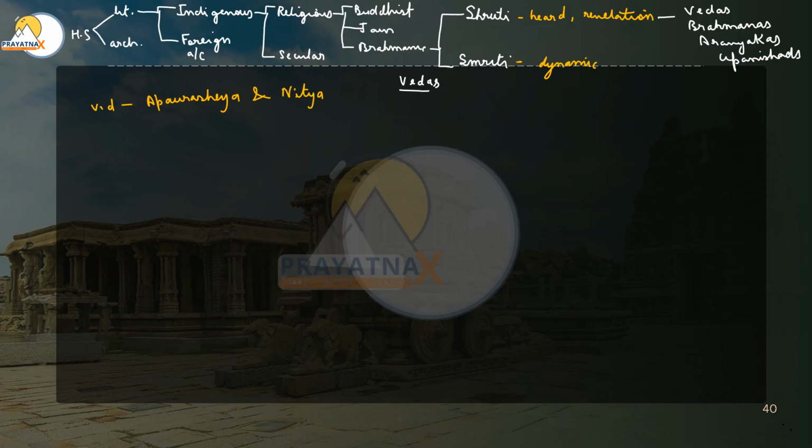Apaurusheya because it was a revelation and divine, it was not of human origin, and Nitya because it was eternal, permanent, and timeless. And Vedas were passed down from generation to generation orally. Of this, Rigveda is the first text, which is basically a collection of hymns and lyrics.